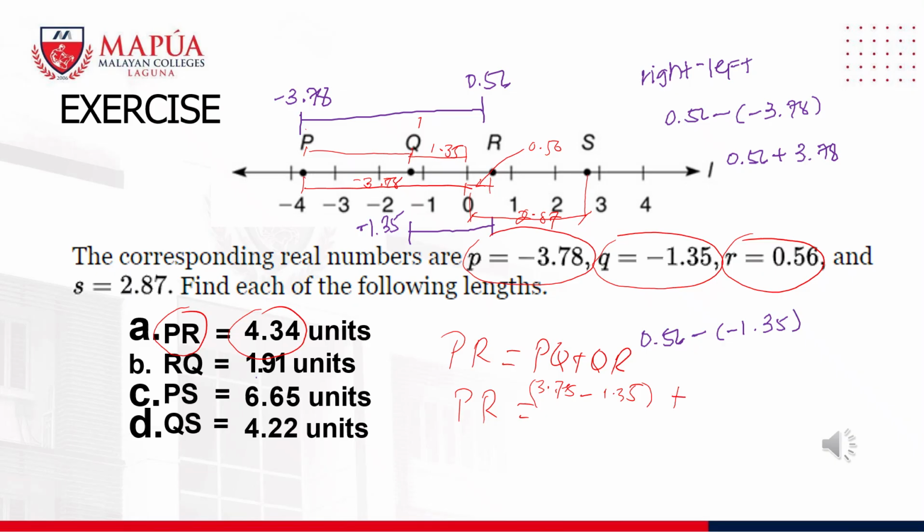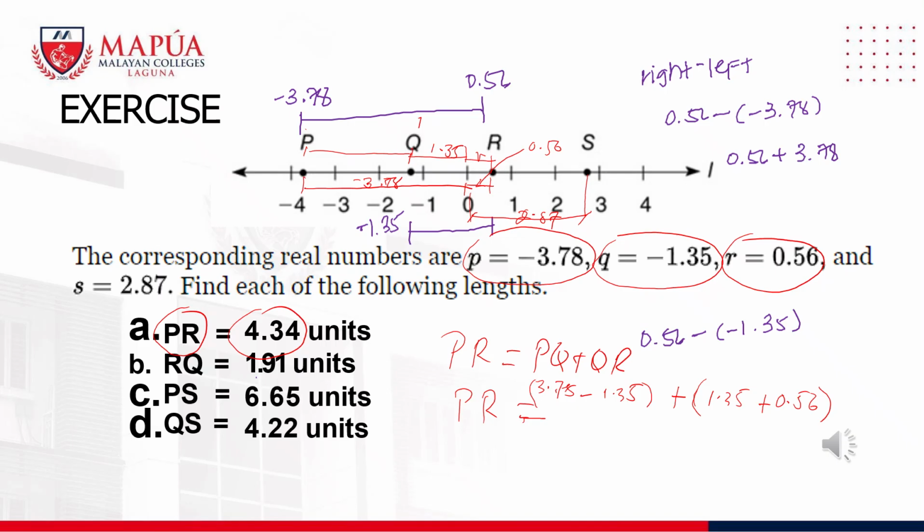Then plus QR, the distance from Q to R. Going in this direction, we have Q. This is only Q, and then we have this distance, which is equal to R. So QR is simply equal to Q, which is 1.35, plus R, which is 0.56. So this is PR.